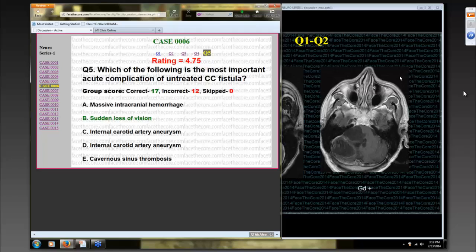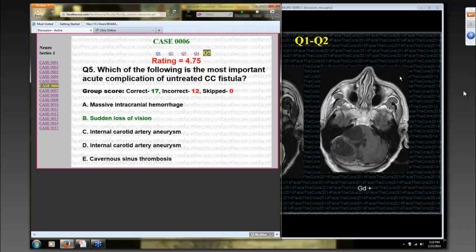It is not more important. When there is loss of vision, it is irreversible. And when the hemorrhage is there, the prognosis is really bad, but it depends on the amount of hemorrhage and it can still be managed, and the patient can come out without any neurological deficits.